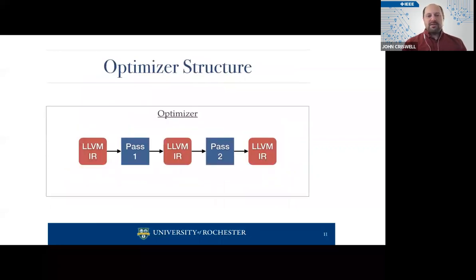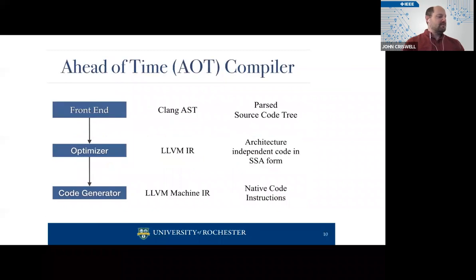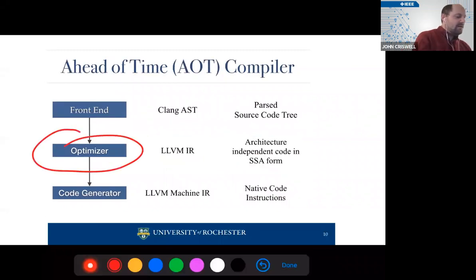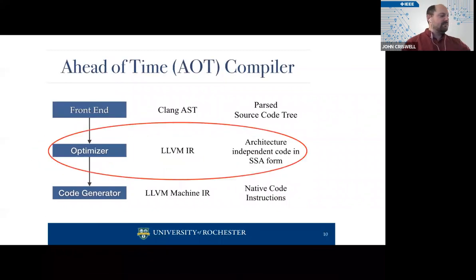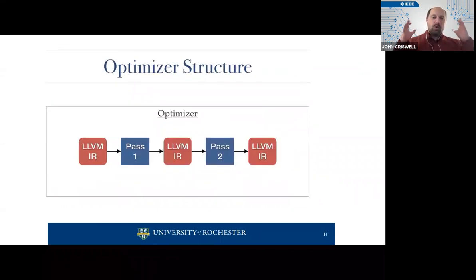So the way that the optimizer is built, right? So here's our optimizer right here. The way that this is built, it's not built as one big piece of software, right? That would be a very, very complicated piece of software because there are tons of optimizations that modern compilers do. Instead, the optimizer is built as a set of passes.